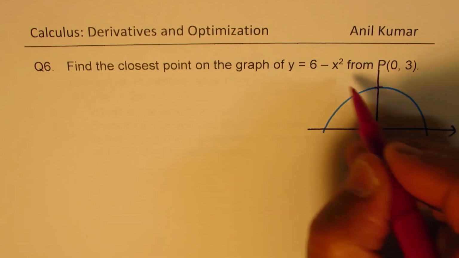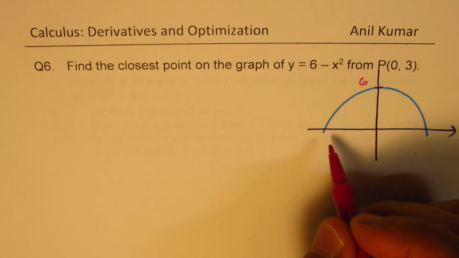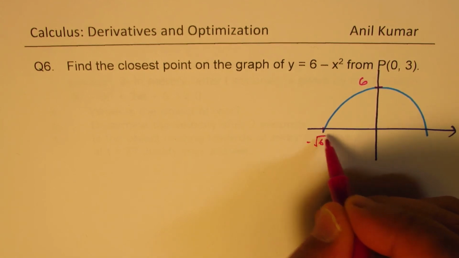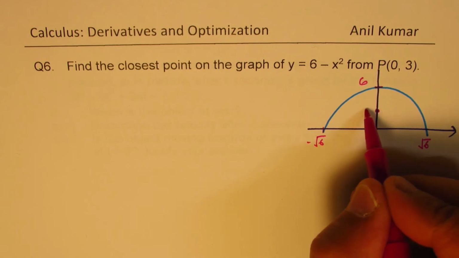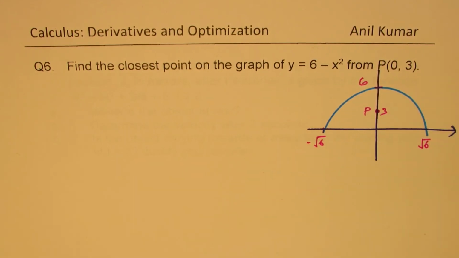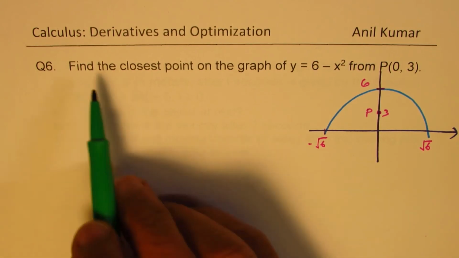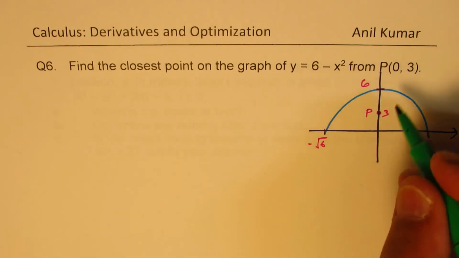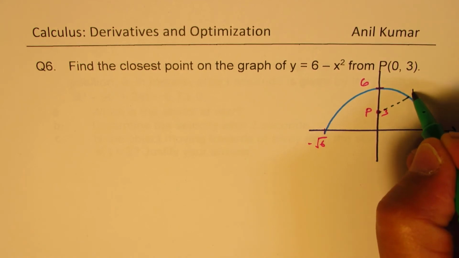This point will be 6 and square root of 6 on these points. We have a point P where the y value is 3. Now the question is to find the closest point on this graph. Let us say we have a point here which is closest. Let's call this point R.